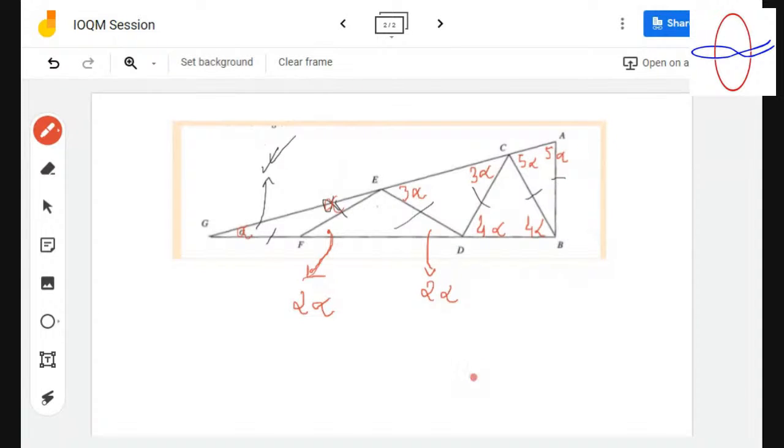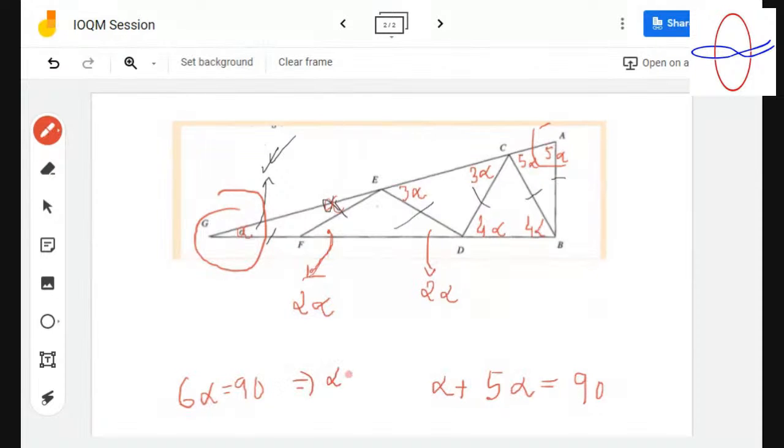We get that alpha plus 5 alpha is equal to 90 degrees. Therefore 6 alpha is equal to 90, so alpha is equal to 15. Right, guys? Are you understanding me, guys?